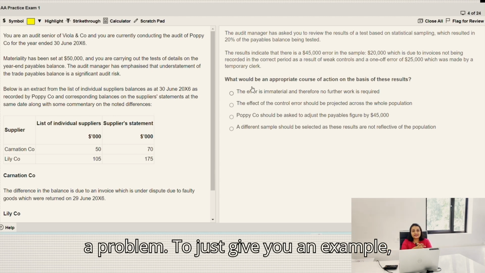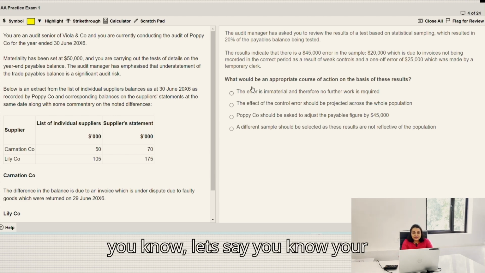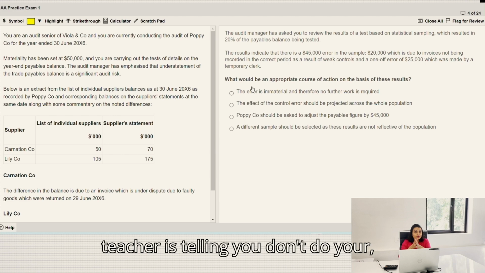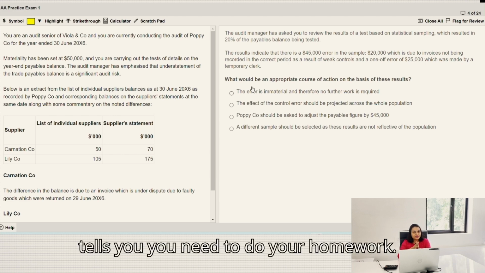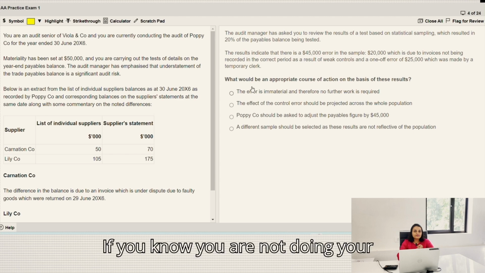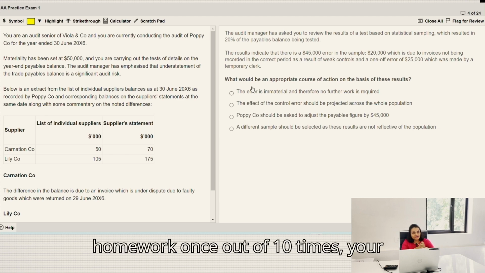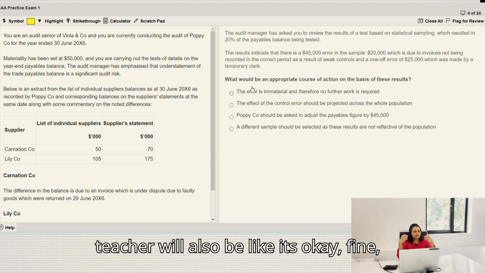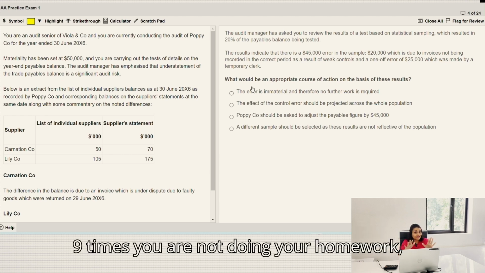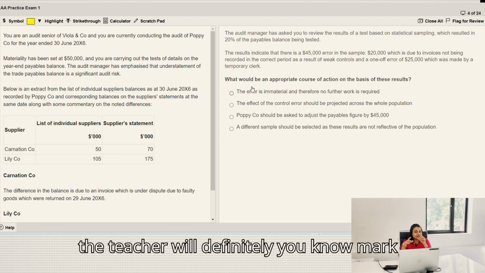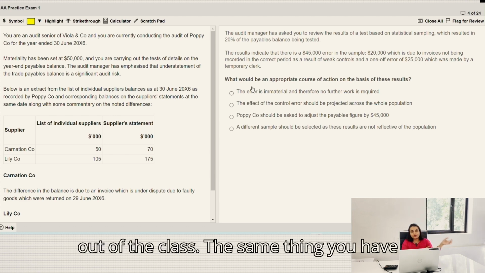To just give you an example, your teacher tells you need to do your homework. If you're not doing your homework once out of 10 times, your teacher will also be like, it's okay, fine. But if out of 10 times, 9 times you're not doing your homework, the teacher will definitely mark you as a bad kid and he will throw you out of the class.